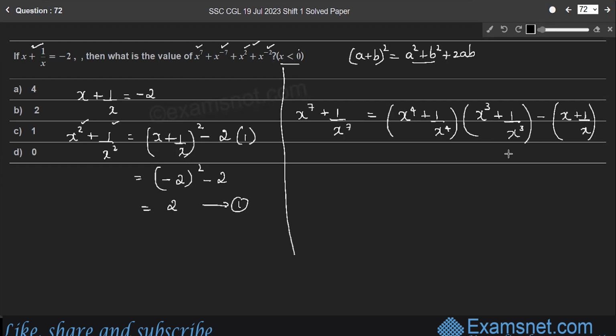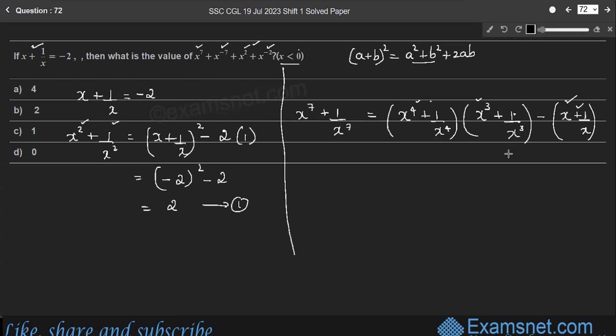When you expand this term, you will get x raised to 7 plus 1 by x raised to 7. If you want, you can expand: x raised to 4 into x cube becomes x raised to 7, plus x raised to 4 into 1 by x cube becomes x. That's why we are subtracting x plus 1 by x, as these two are extra values. So x raised to 7 plus 1 by x raised to 7 becomes this RHS part.